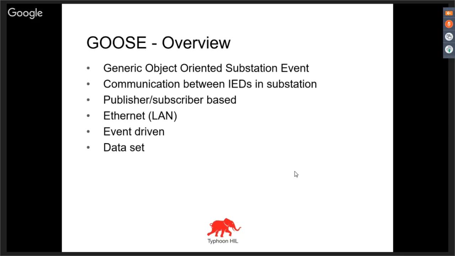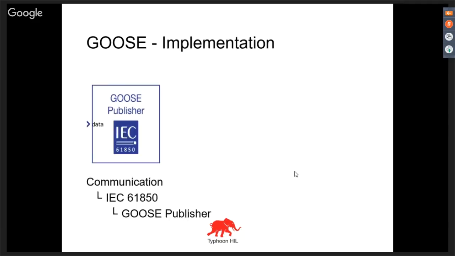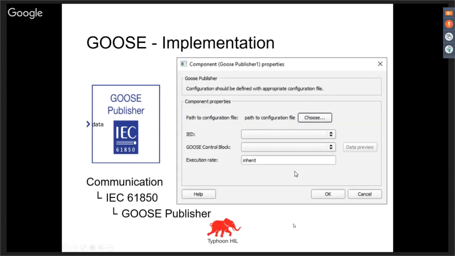Okay, so how this is implemented in our toolchain is that we have two components: GOOSE publisher and GOOSE subscriber. The GOOSE publisher can be found under the communication, IEC 61850 GOOSE publisher tab. On double clicking, we get this configuration window where you can specify the publisher parameters.